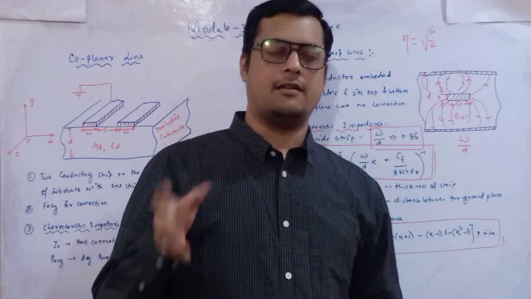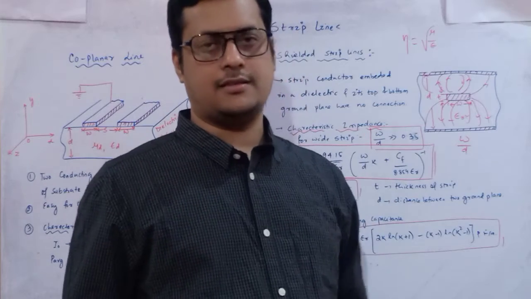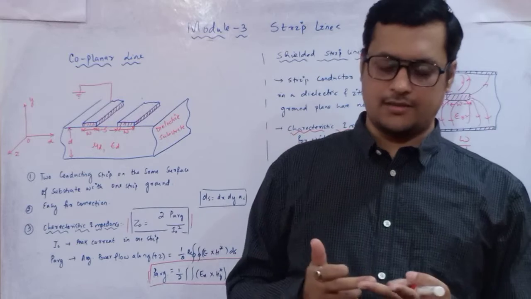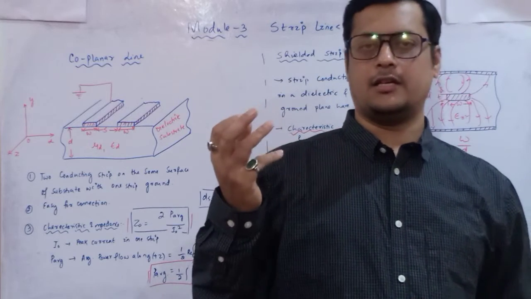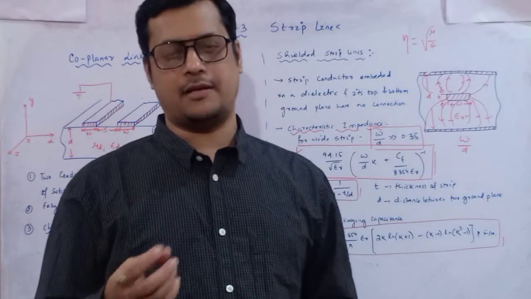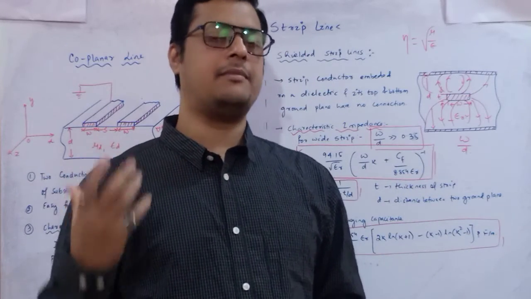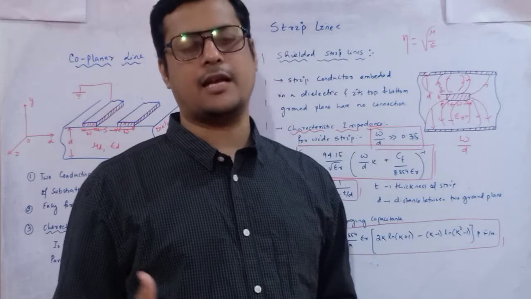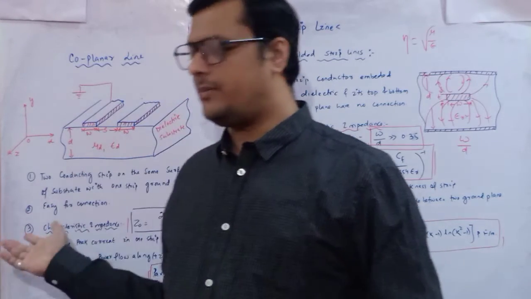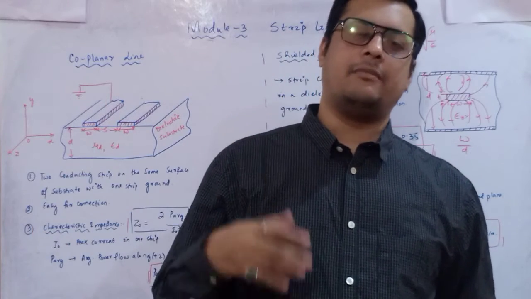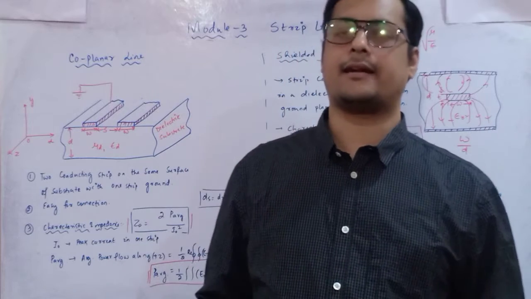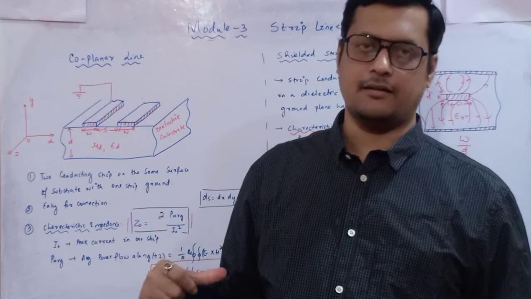Attenuation losses occur due to ohmic losses, dielectric loss and radiation loss, because these are strip lines. And we are calculating the quality factor for both. Since it is a planar line, most of the equations will be the same for coplanar as well as for planar line. The only difference is the characteristic impedance as well as the dielectric mediums.